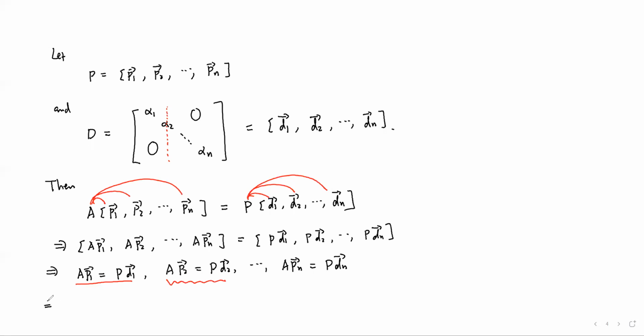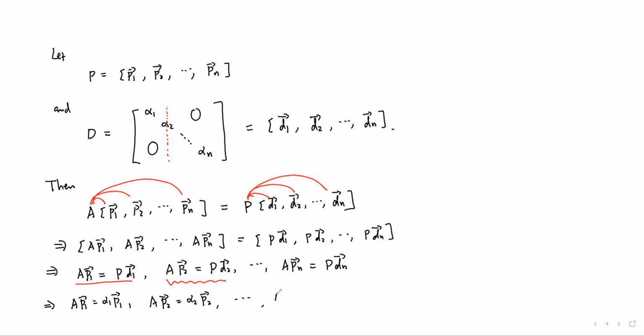Then we see that the first equation is A times P1 is alpha 1 times P1, the second equation is A times P2 is alpha 2 P2, and so on.